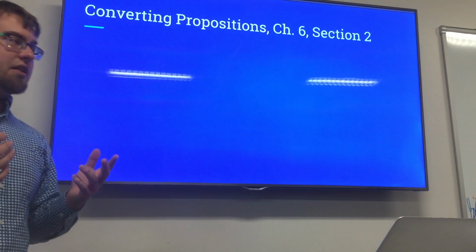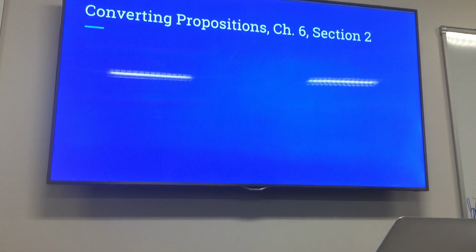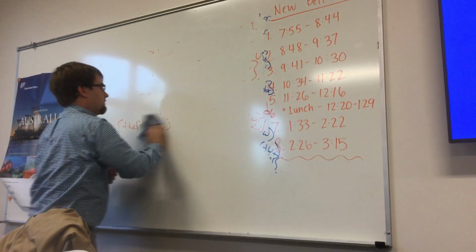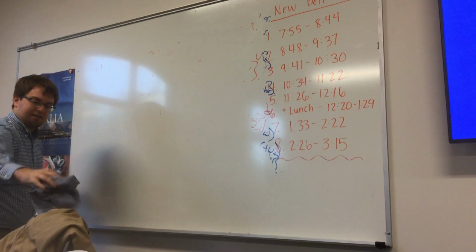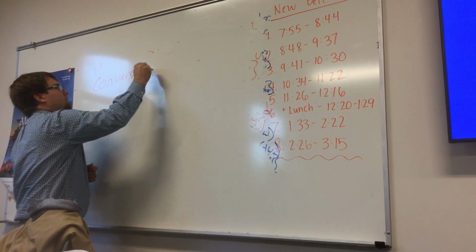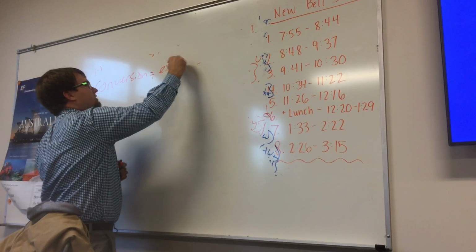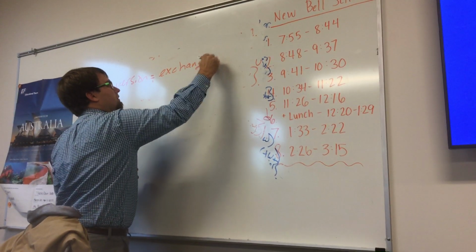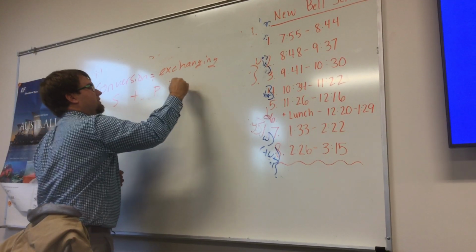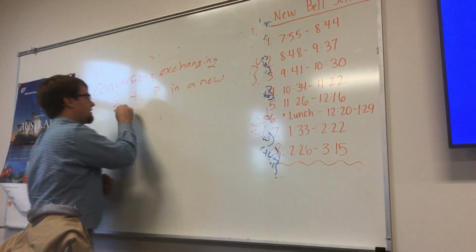Now, conversion literally means, I'm going to write this on the whiteboard, because it's written in the book in a couple confusing places. But when we convert a sentence, all we're doing, we are exchanging subject and predicate in a new sentence.